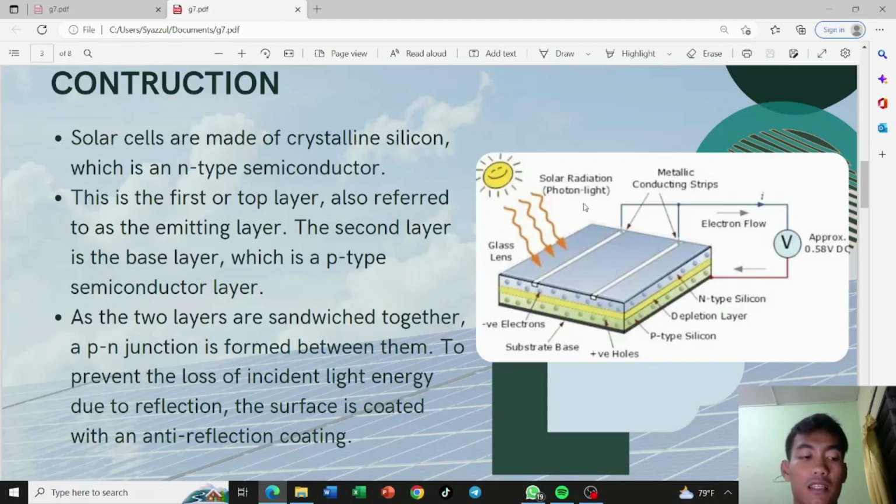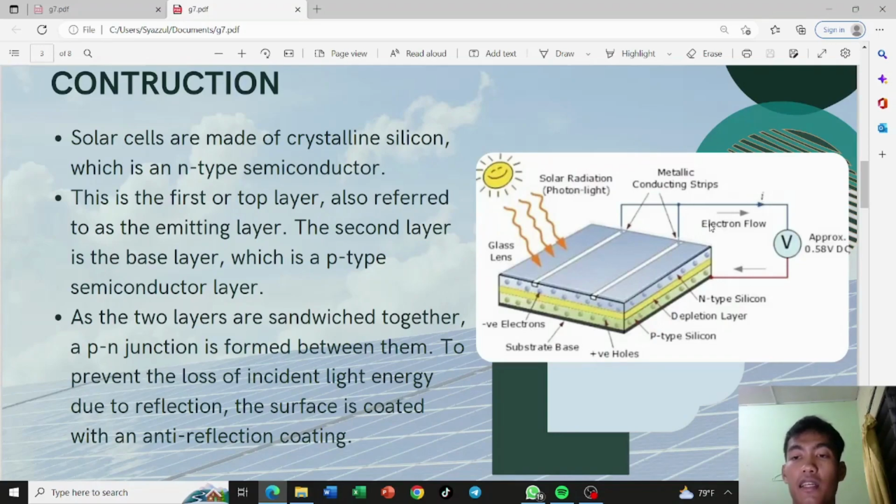From the sunlight or solar radiation, this goes to the solar panel, and the solar panel converts the solar radiation to DC power. Then from the metallic conducting strip, it goes to the inverter.